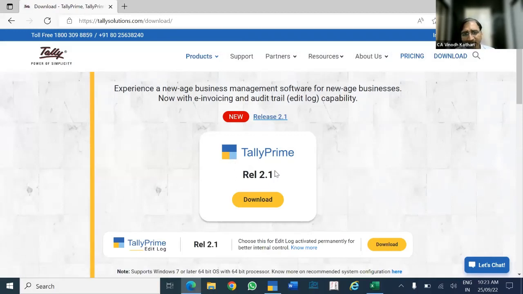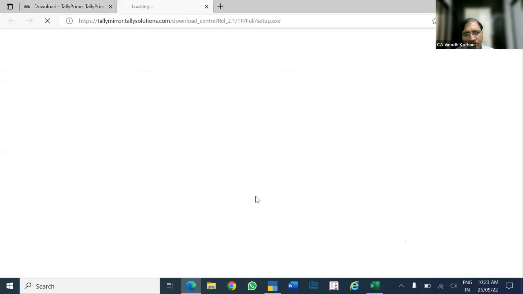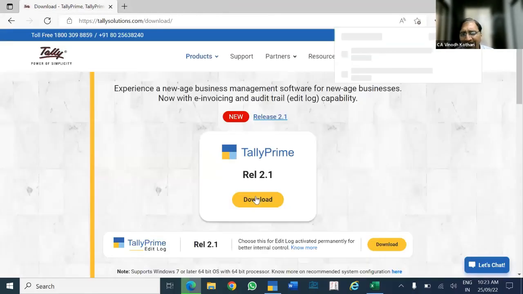Tally Prime release 2.1. Click on the download. It is a 30 or 40 MB file. So I think it will be downloaded for everyone.